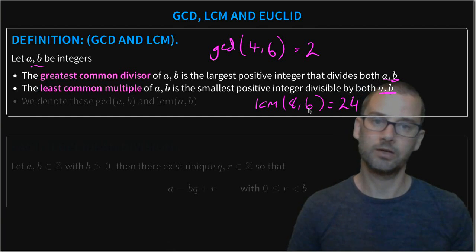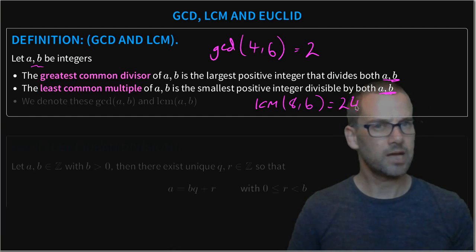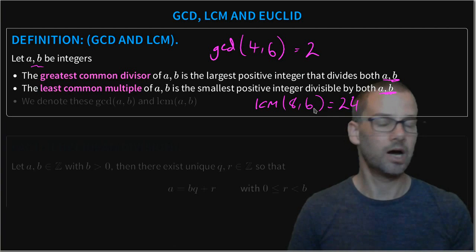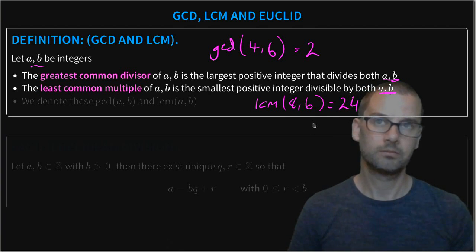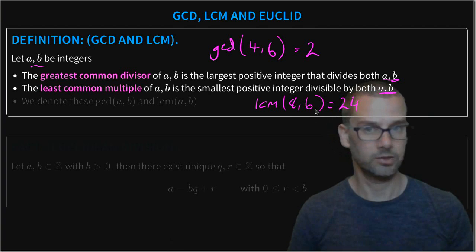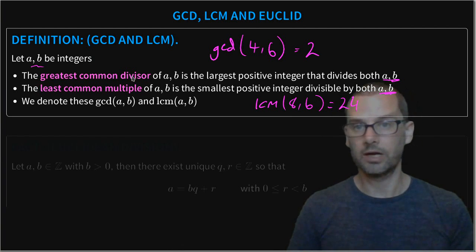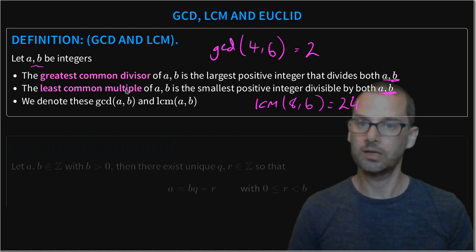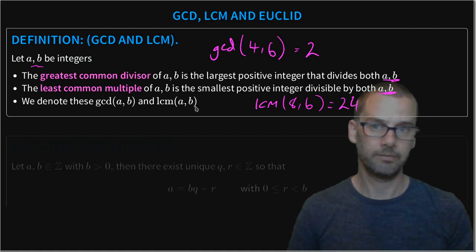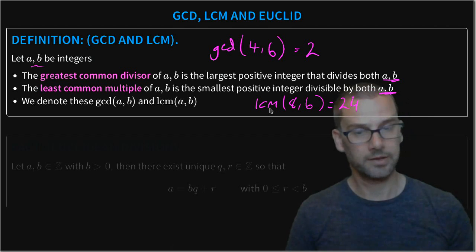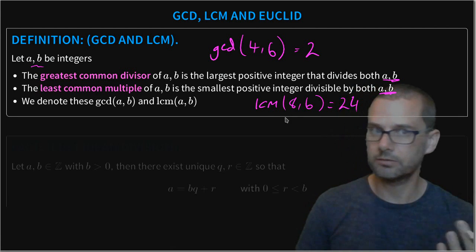Because 6 divides 24, 8 divides 24, but nothing smaller is divisible by 6 and 8. Let me check that for a moment in my head, but I'm pretty sure that's true. And we denote the greatest common divisor by GCD and the least common multiple by LCM.